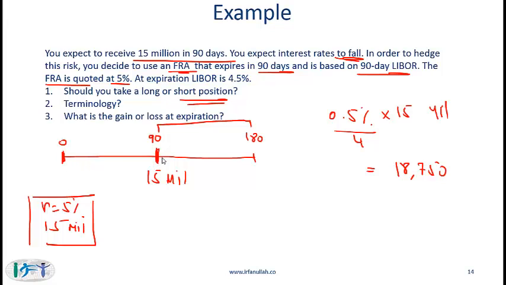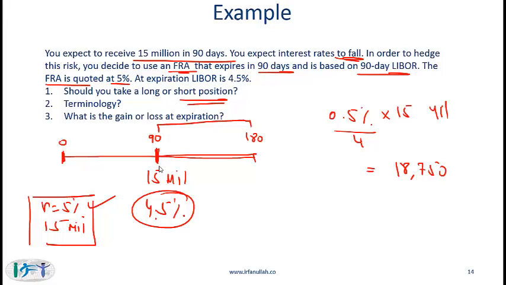Now, when you come to day 90, let's say that the actual rate is 4.5%. So you are right, rates did go down. You will be investing 15 million for 90 days at 5%, even though the market rate is 4.5%. And remember, all these numbers that are given are annualized numbers.